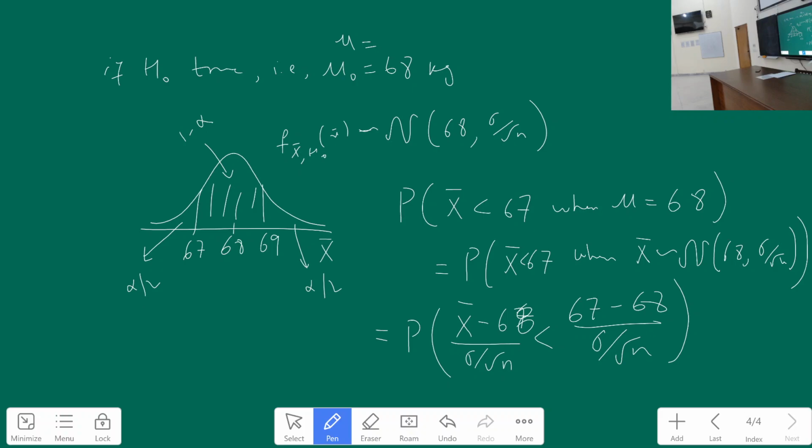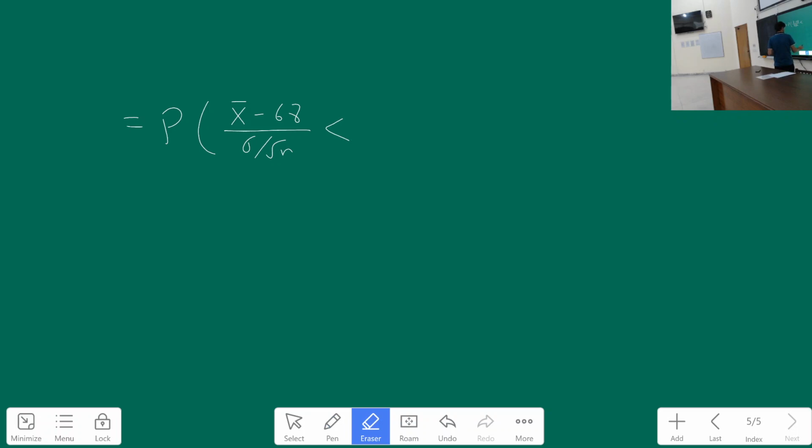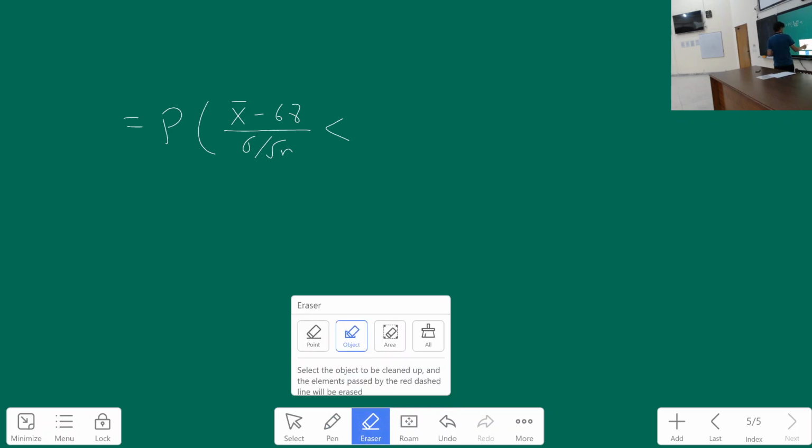We were able to write it mathematically here. Since we wrote it like that, we can make it even simpler and say this equals probability X bar minus 68 over sigma square root n is less than, and I will replace these by their values.